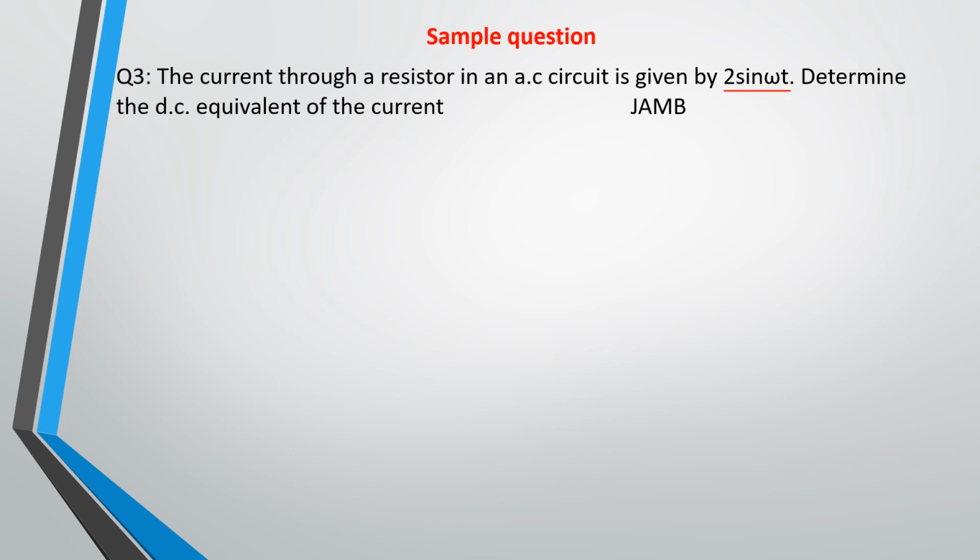Determine the DC equivalent of this current. Now the DC equivalent of a current is the root mean square value of the current. If you go back to where we defined root mean square value of current, it is the DC value of the current. You can go back there and see that definition.